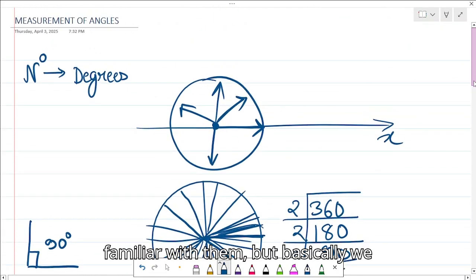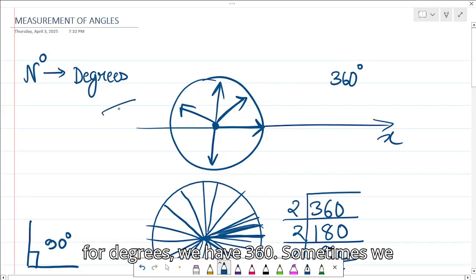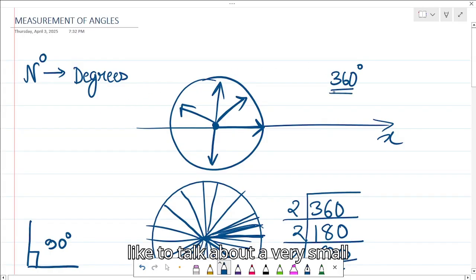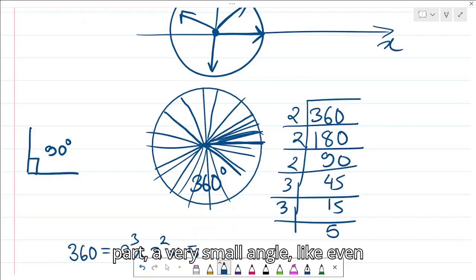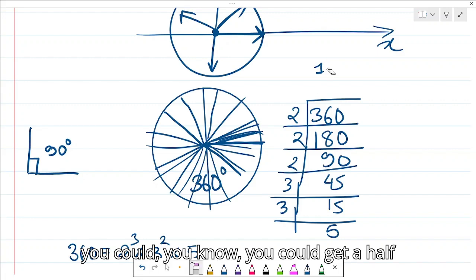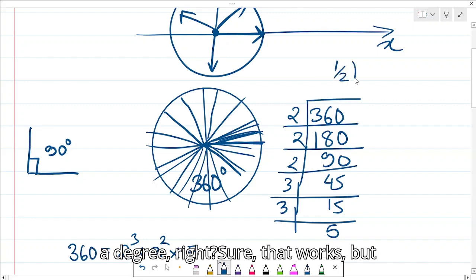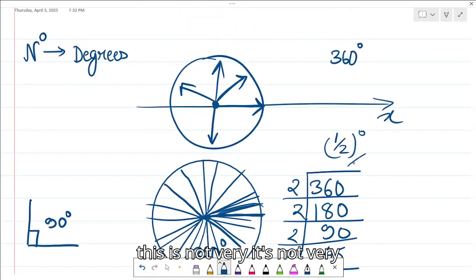You might not be familiar with them, but basically we have 360 degrees, right? Sometimes we like to talk about a very small angle, even smaller than 1 degree, right? So maybe you could get a half a degree, sure, that works, but this is not very useful.